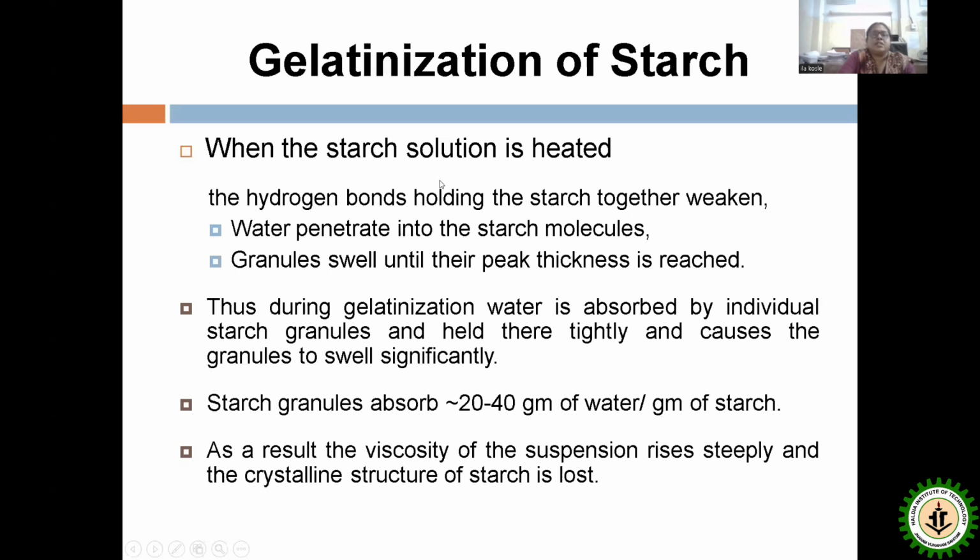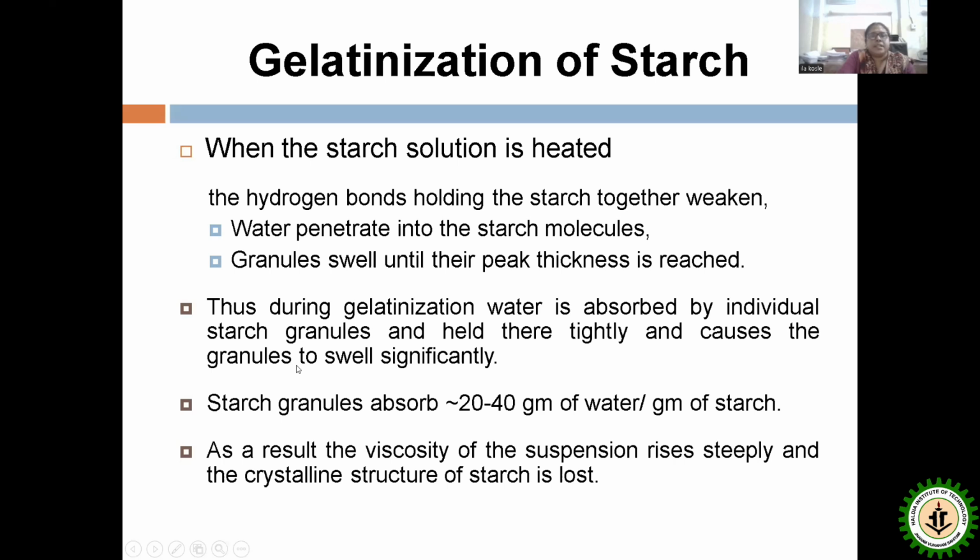As a starch solution is heated, these hydrogen bonds are broken. As a result, the starch becomes weaker. As it becomes weaker, water can easily penetrate into the starch molecules, and as a result, the granules swell until their peak thickness is reached.